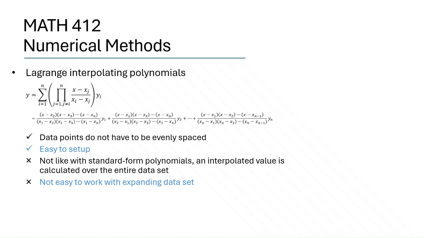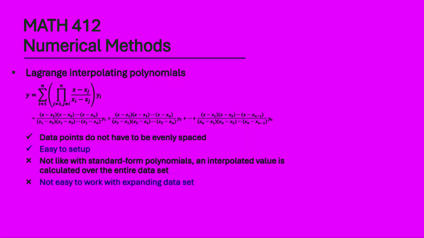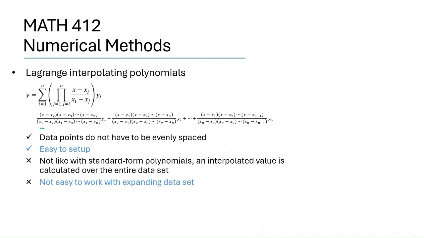Now, as you can see from the construction, you can tell something. Data points here in this way to construct a polynomial, the data points don't have to be evenly spaced. That's good. Actually in the following chapters, normally we always assume data points are evenly spaced. Therefore, if this is negative h, negative 2h, and so on.